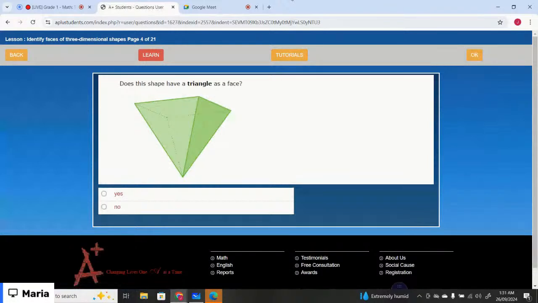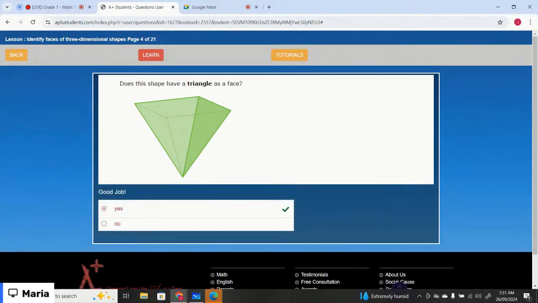Does this shape have a triangle as a face? The correct option is yes, the shape has so many faces that are triangles, right?